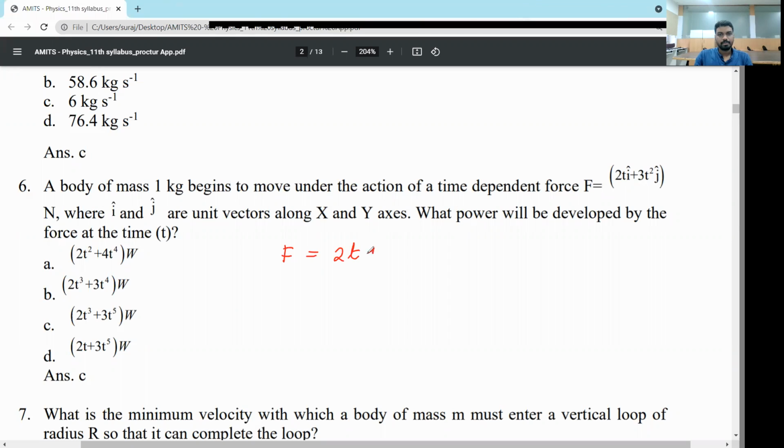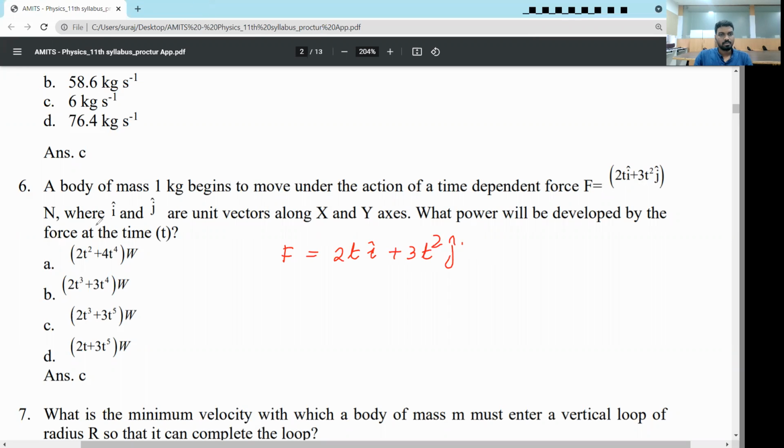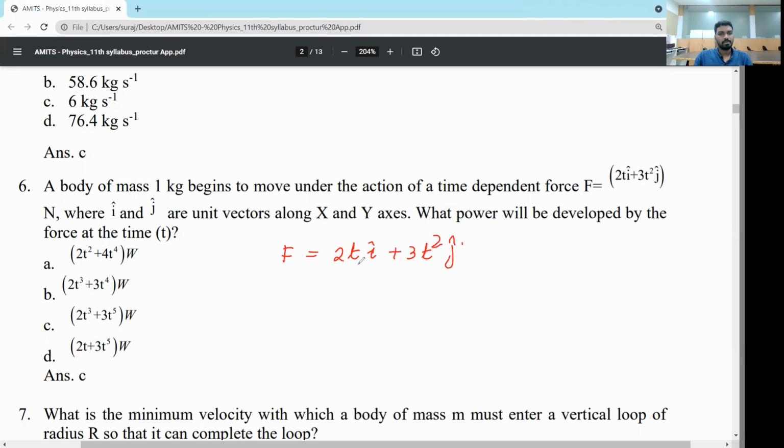What power will be developed by the force at time t? At time t, I want power. Mass is given as 1 kg.